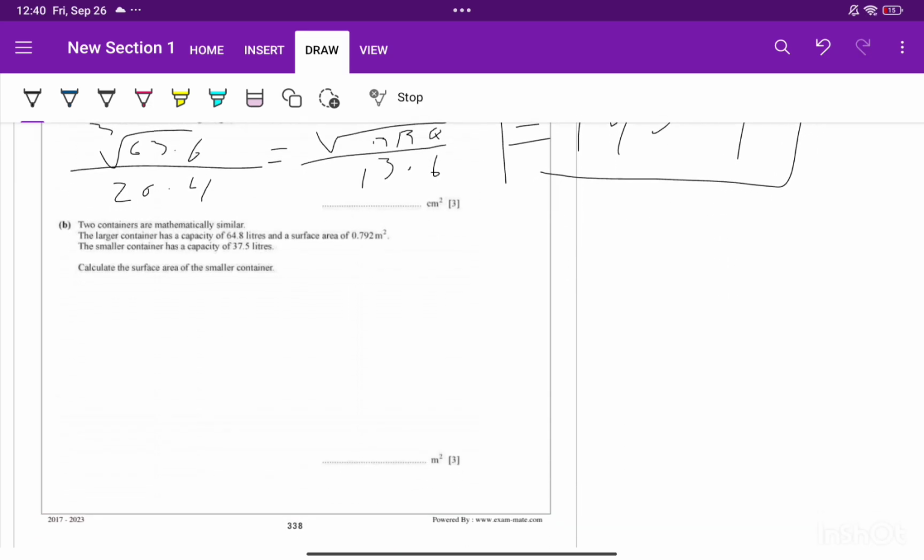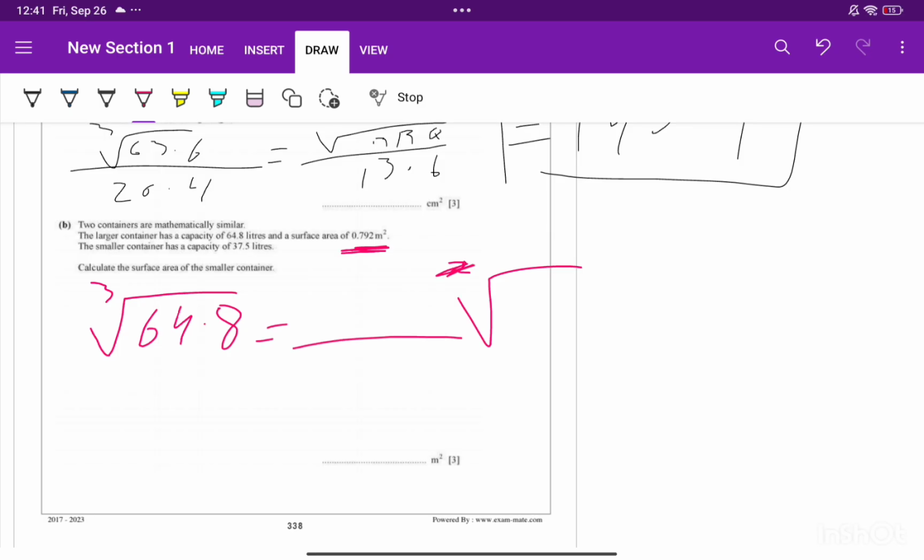Okay, part B. Two containers are mathematically similar. The larger container has a capacity of 64.8 liters, so the word liter is used, and they are also similar, so it will be the cube root of 64.8 and surface area of 0.792, which will be square. The smaller container has a capacity of 37.5, and we need the surface area of the smaller container.